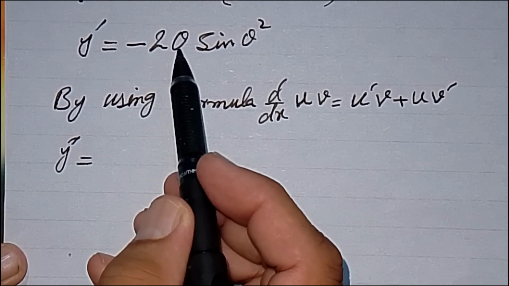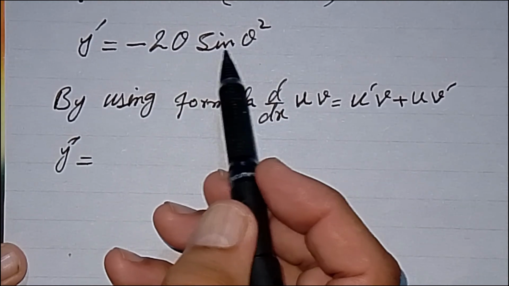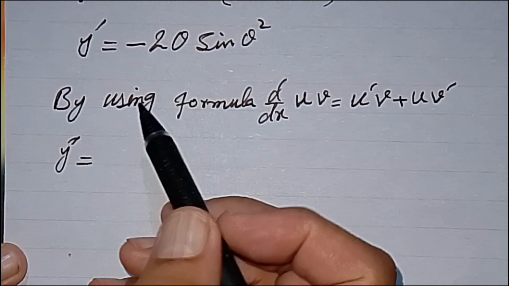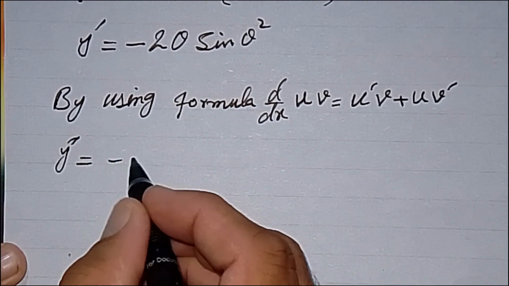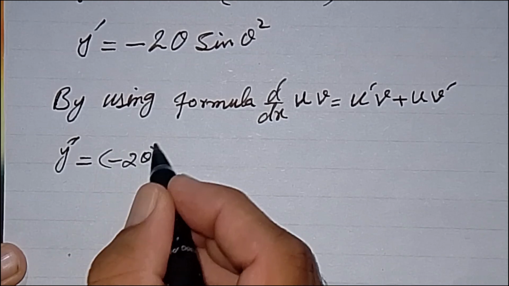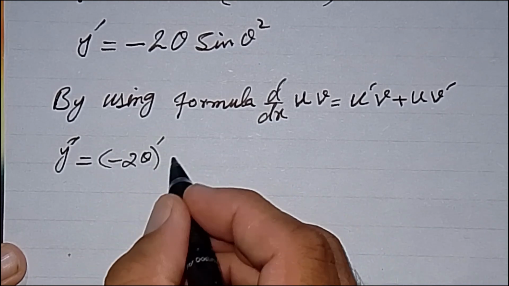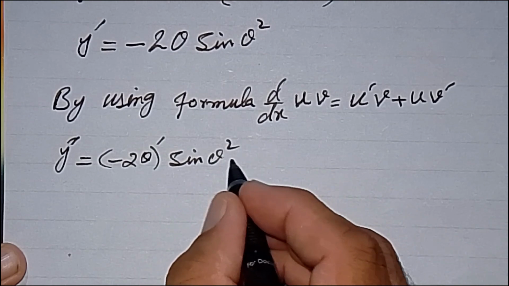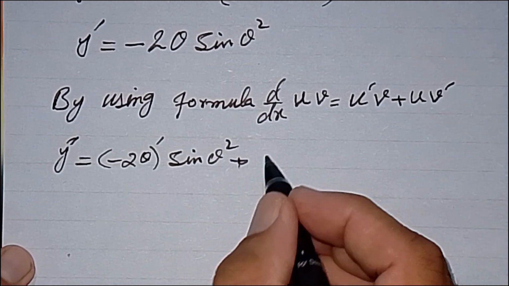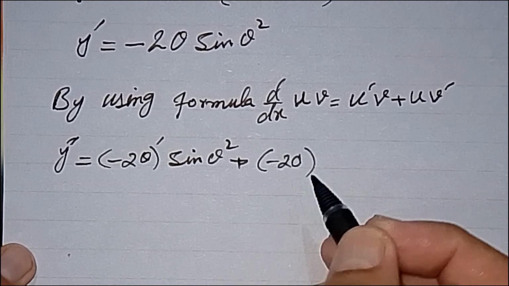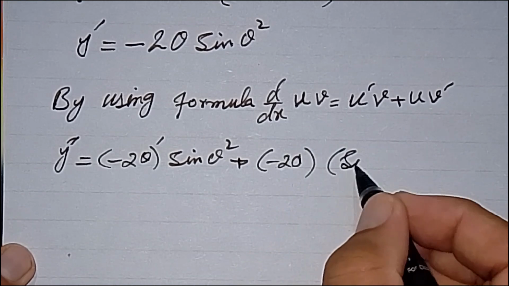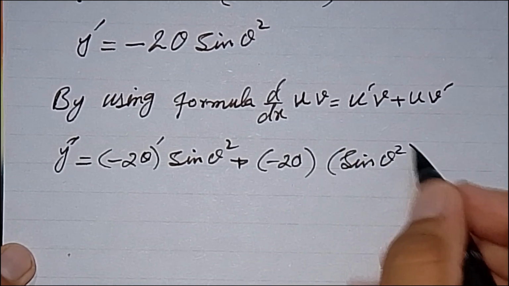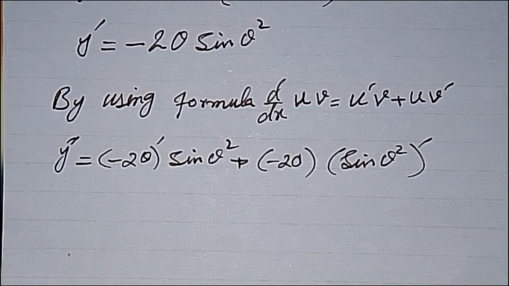The first is minus 2 theta, and the second one is sine theta square. Minus 2 theta dash sine theta square plus minus 2 theta sine theta square dash.